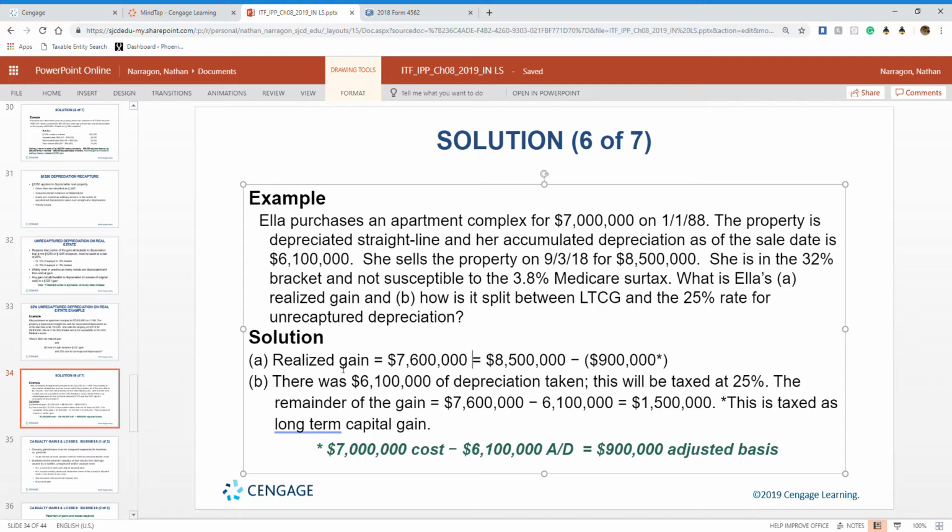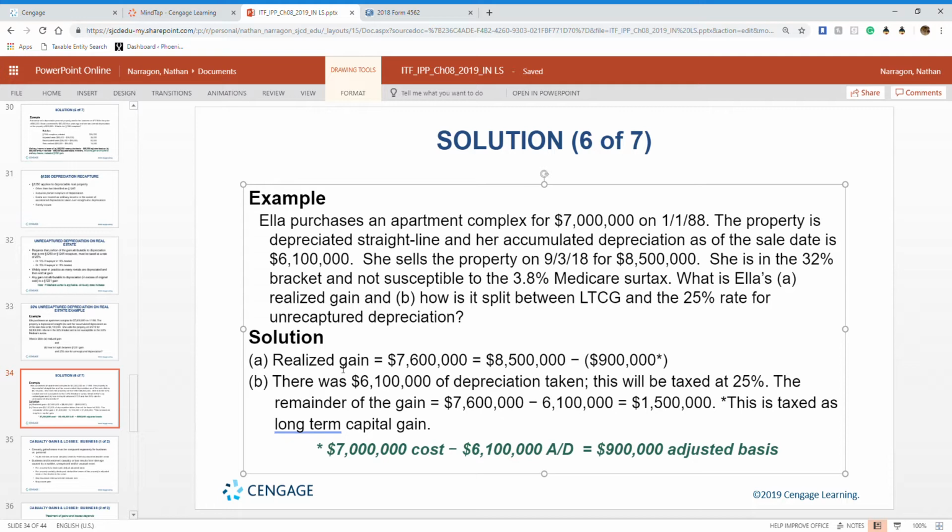Yay! There was $6,100,000 of depreciation taken. This will be taxed at the 25%. So the remainder is known as Section 1231 gain.